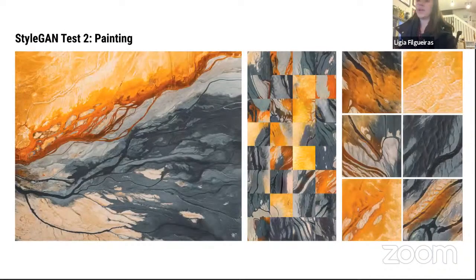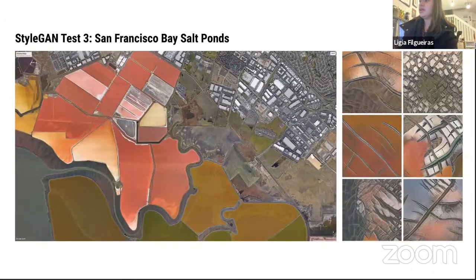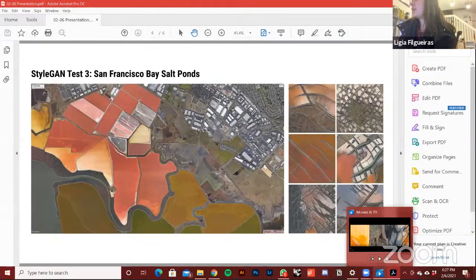Then moving forward, I tried images of paintings. And finally, I tried different satellite areas in the world, such as San Francisco Bay South Ponds. And I have a video to showcase the results of these StyleGANs.